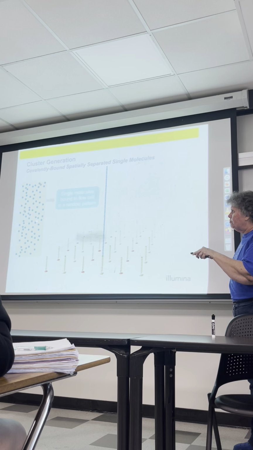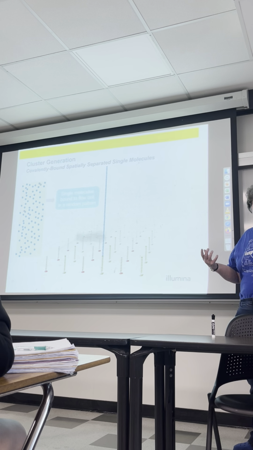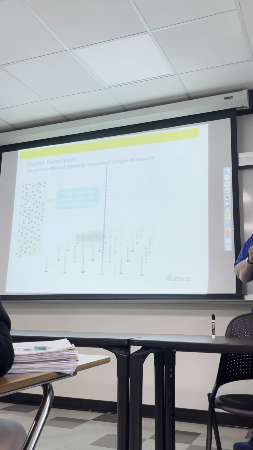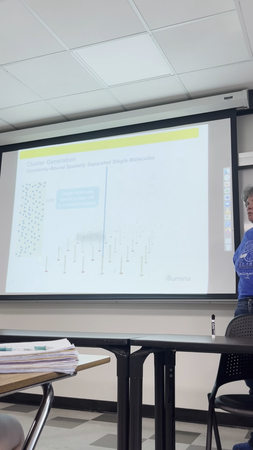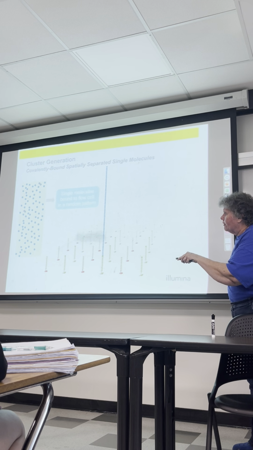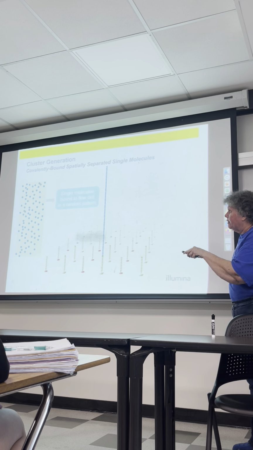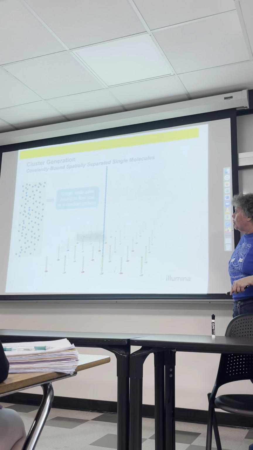And you need space around each one. If you get overlapping ones like here, you probably have 2 different sequences right there. And the computer's not going to be able to distinguish those 2 different sequences because they're going to be putting out fluorescence, at 2 different bases, and the computer is not going to be able to distinguish which base goes to which strand. So you want them all to be very well separated from one another on this microscope slide.